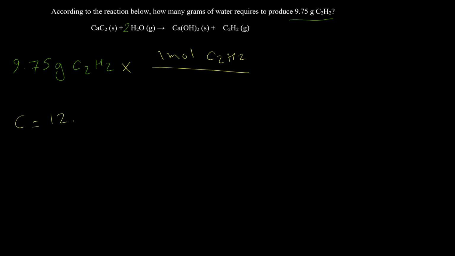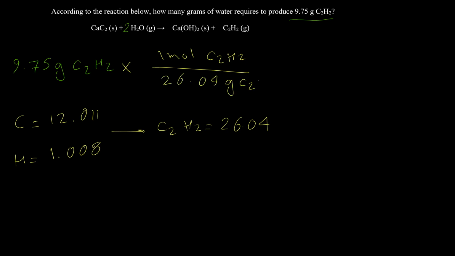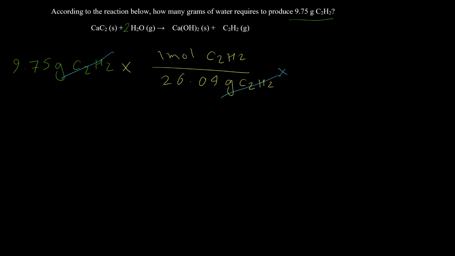Carbon is equal to 12.011 and hydrogen is equal to 1.008. So by calculation, molar mass for C2H2 is equal to 26.04. So 1 mole of C2H2 is equal to 26.04 gram of C2H2. Then these grams, they cancel out.